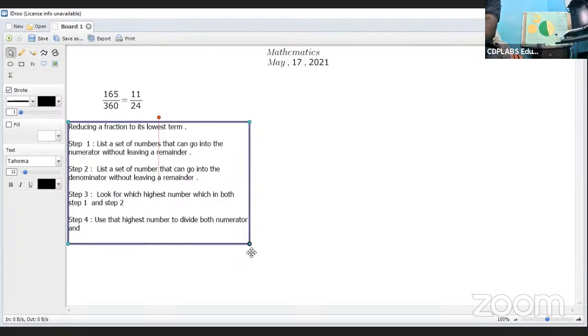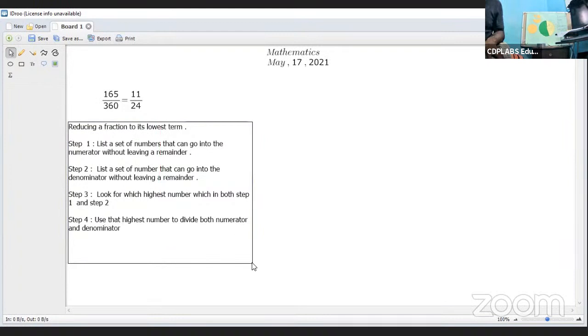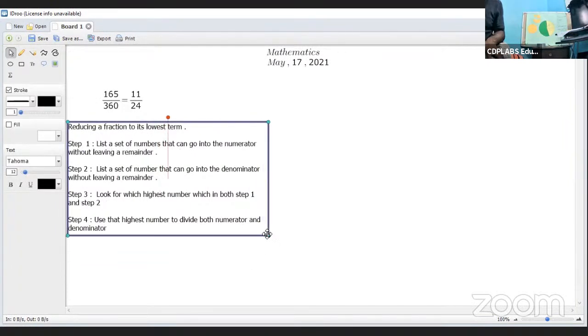Make sure everybody writes these steps down. All right, everybody write those steps down quickly, please. Everybody write it down, please.